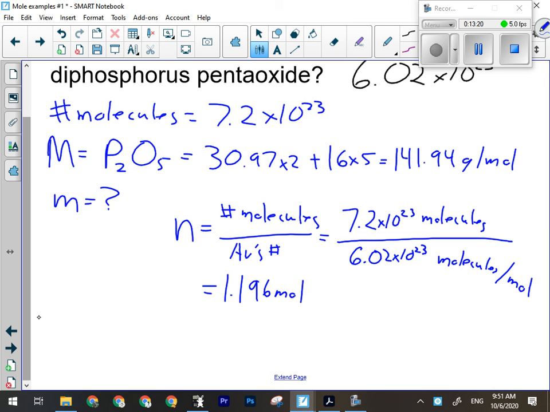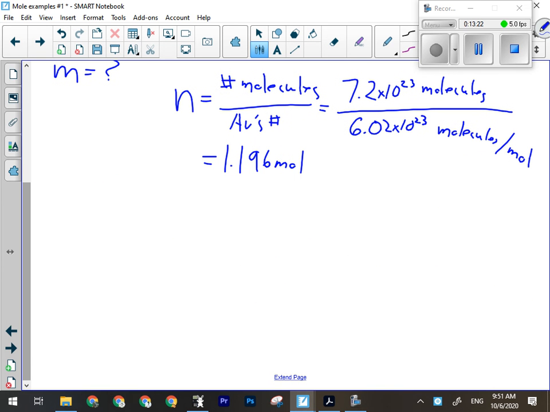So we have now n equals little m over big M. I know little n and I know big M because I calculated it right off the bat. I'm looking for little m, so I would multiply both sides by big M. That'll let me calculate mass.